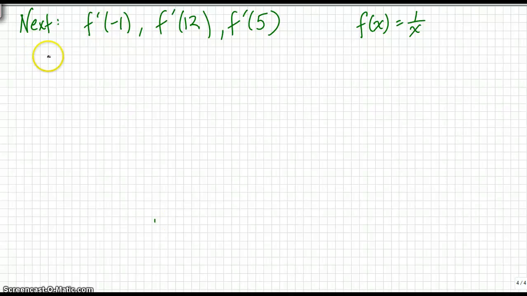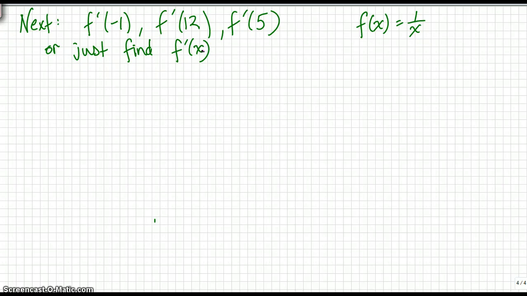Can we actually find f prime of x? Can I find the derivative at a generic value x? How would I do this? I'm going to use the same steps as before.